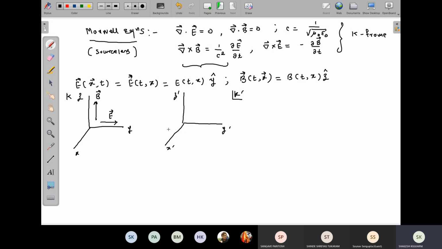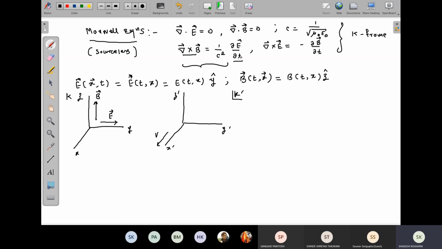This frame is moving relative to the K frame along the X axis with velocity V. Now the question is how these equations are going to look, this equation for example, in the K prime frame. What you need to do is transform all these quantities, this quantity and this quantity.